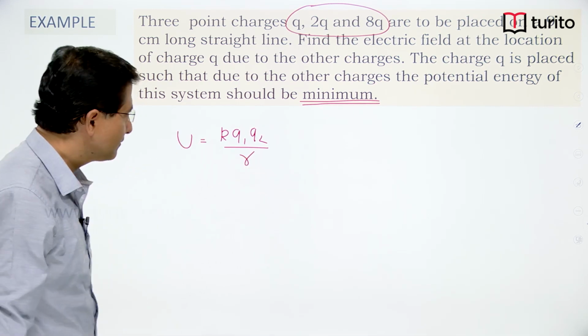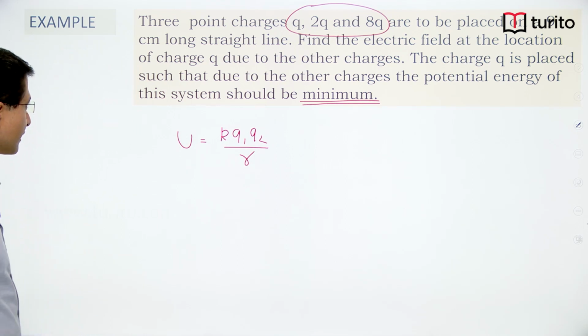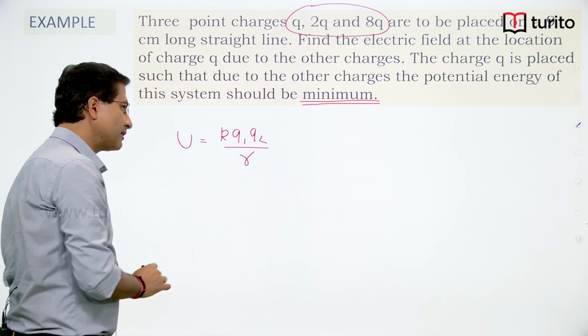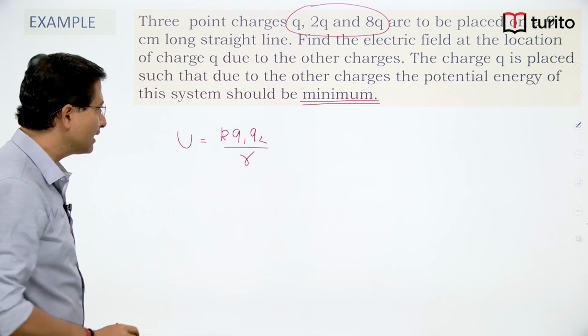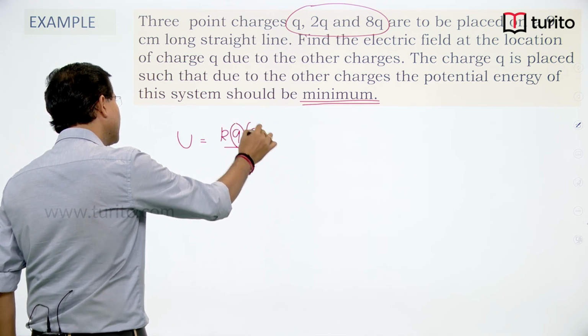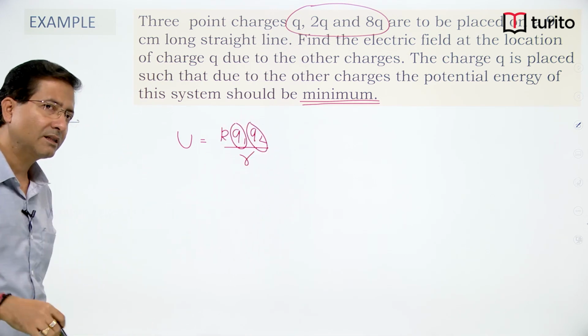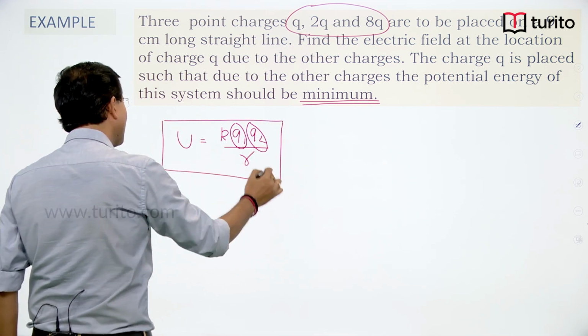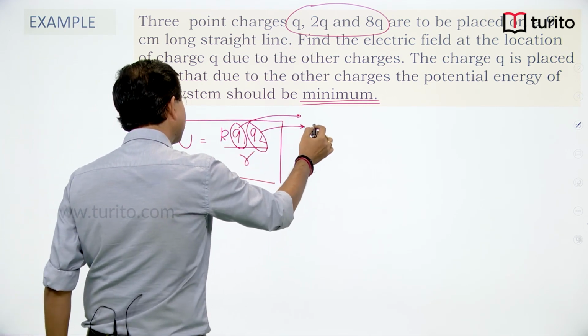And one more point: the potential energy we are talking about is a scalar quantity. Here the charges must be placed with sign. So in this expression all the charges are with sign.